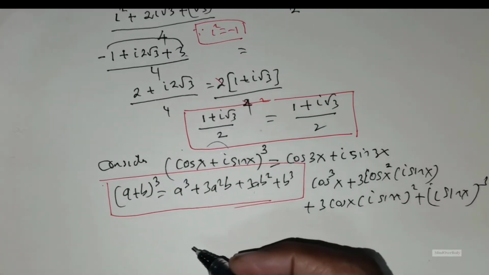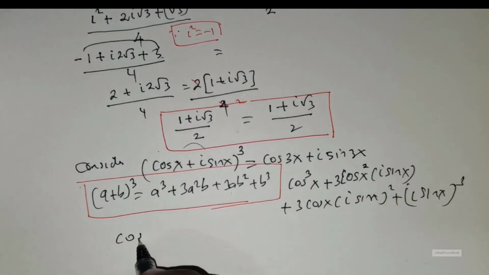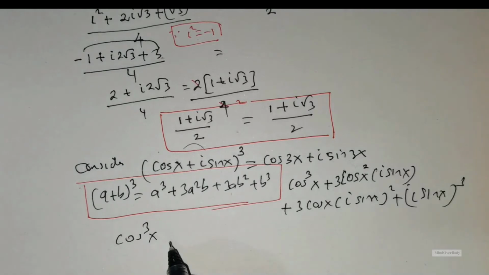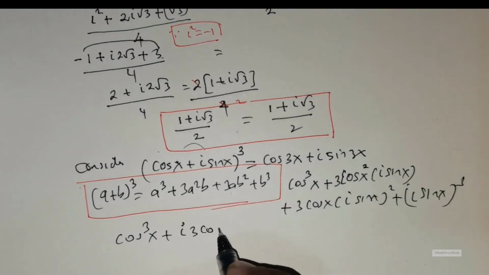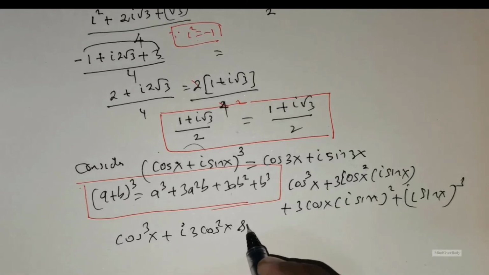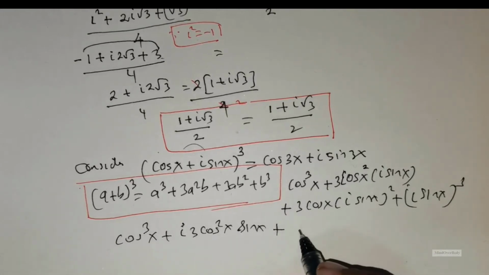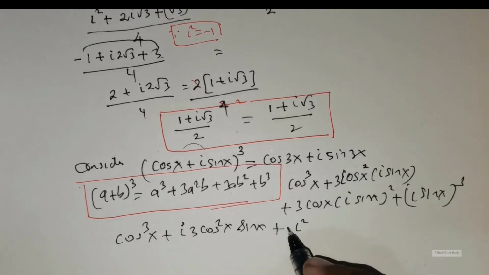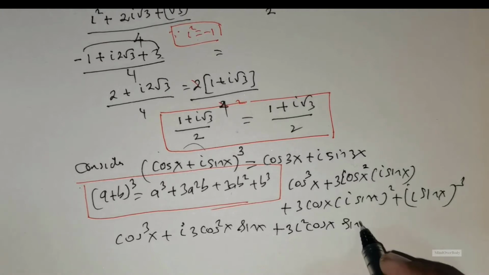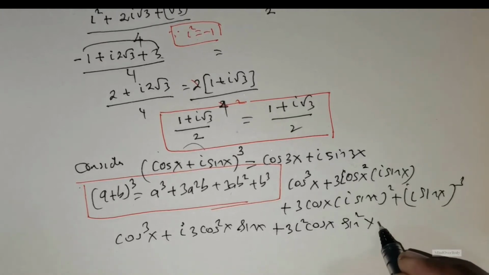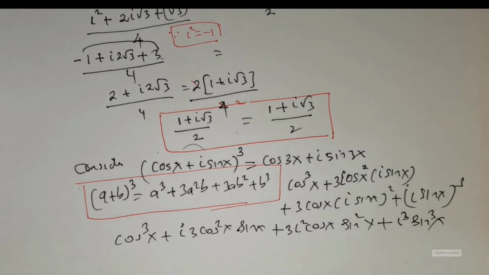So now if I were to simplify this, this is going to be cos cubed x + i times 3 times cos squared x times sin x + i squared times 3 times cos x times sin squared x + i cubed times sin cubed x.